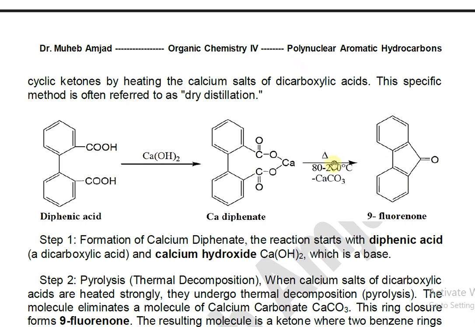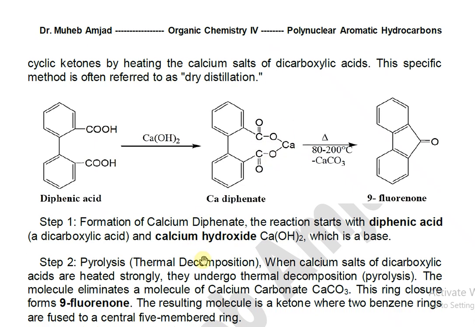The second step here is pyrolysis, thermal decomposition. When the calcium salt of the dicarboxylic acid is heated strongly, this molecule undergoes thermal decomposition. We say pyrolysis in chemistry, and the molecule eliminates a molecule of calcium carbonate.